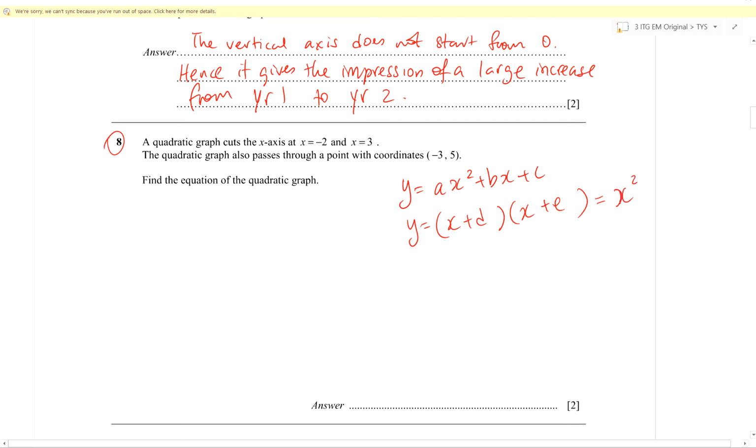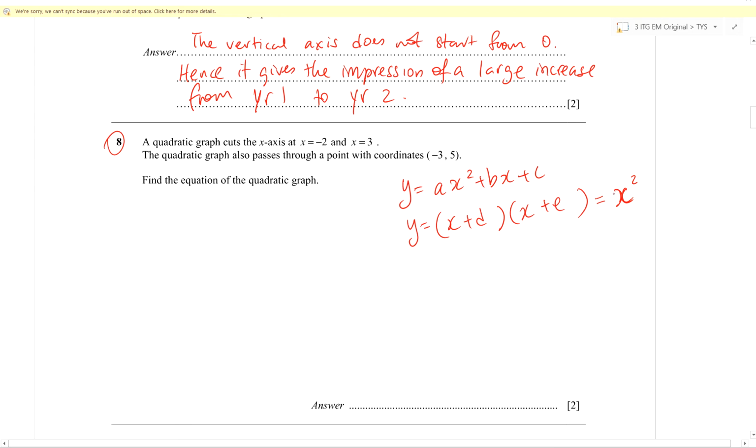You are constraining yourself to have a coefficient of 1 for your x squared. Do all quadratic equations have to be 1x squared? No, it could be something x squared, right? So by doing this, (x plus d)(x plus e), I'm sure you're going to be limiting yourself to only a small range of answers.